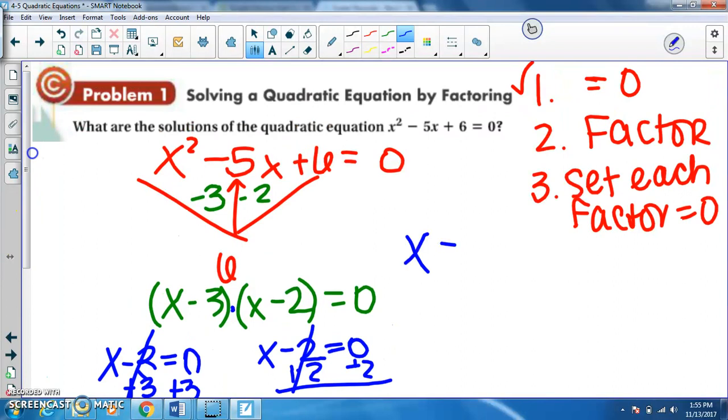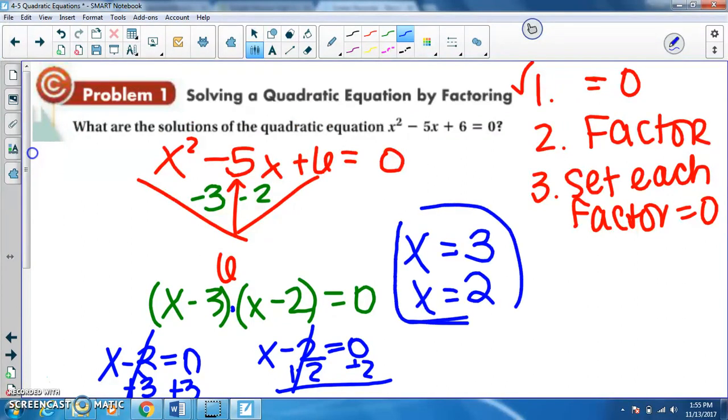This makes sense to us because I'm thinking that this is a parabola opening upward, and my vertex would be negative b over 2a, which is 5 over 2, and I plug that in. And I'm going to be opening up.